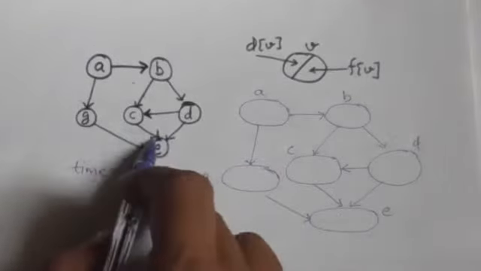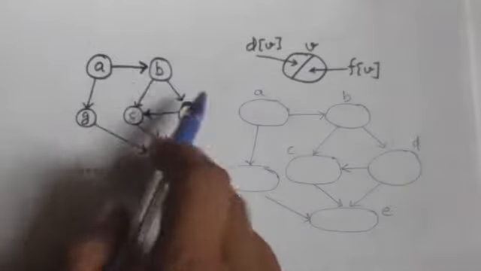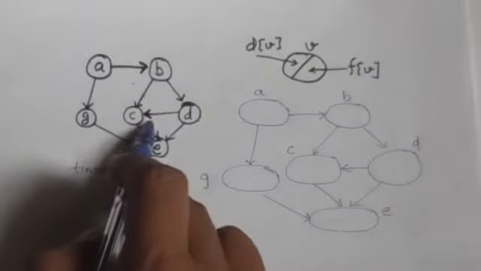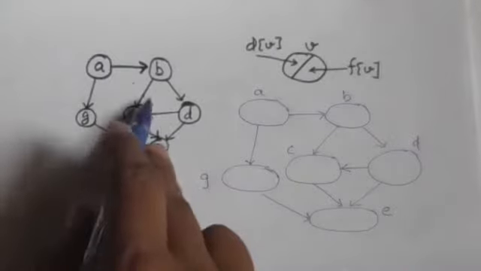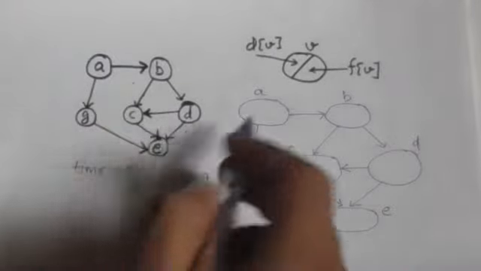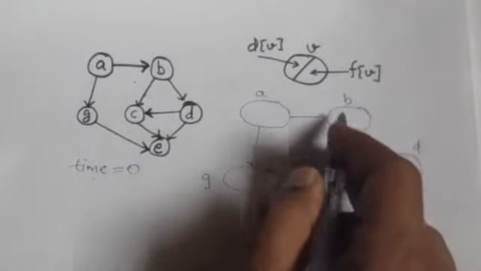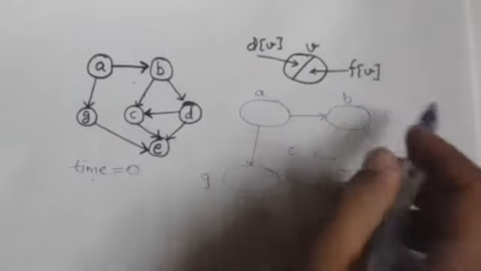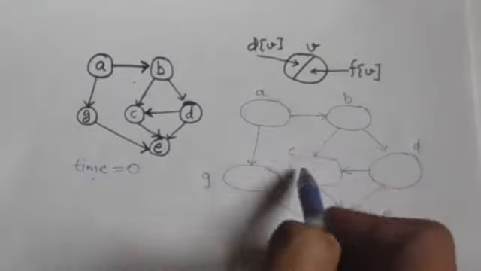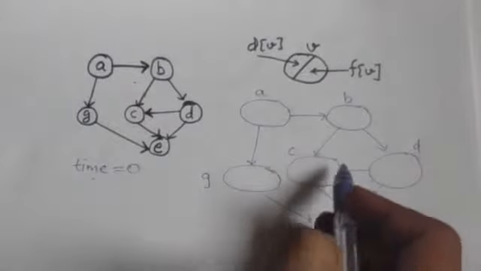So what we have to do, we have to take any white vertex of this graph, and call the depth first search visit function on that vertex. So here we have chosen this white vertex b, right? And we have called the depth first search visit function on this vertex b, right?